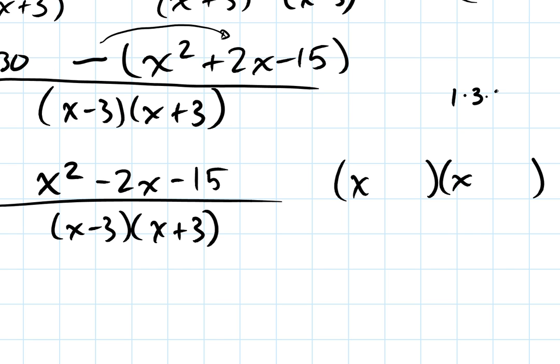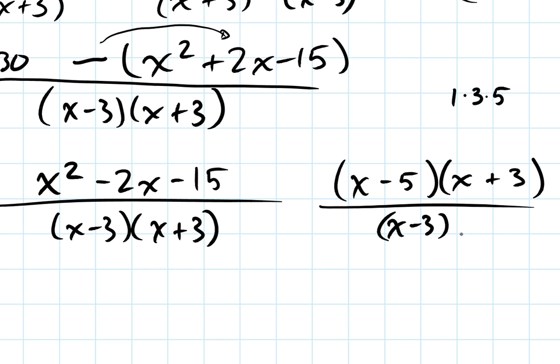So I'm going to build it with those factors, and it's pretty straightforward. To get the negative 2, I'm going to have a negative 5, and I'm going to have a positive 3. So negative 5x plus 3x is negative 2x, and that is x squared. Yeah, x squared minus 2x minus 15. And that's all over the x minus 3 times x plus 3.